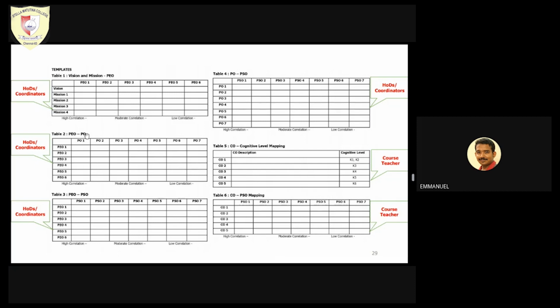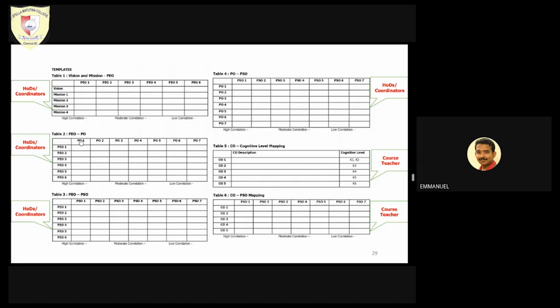For example, under the School of Computational Sciences, there are 4 departments, namely mathematics, statistics, computer science, and data science. So what are the objectives common to all 4 departments?